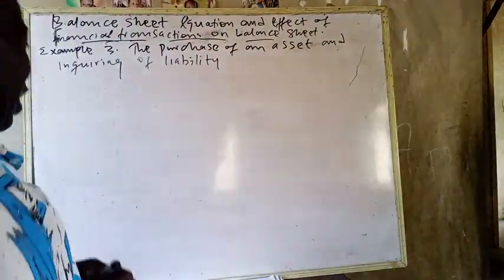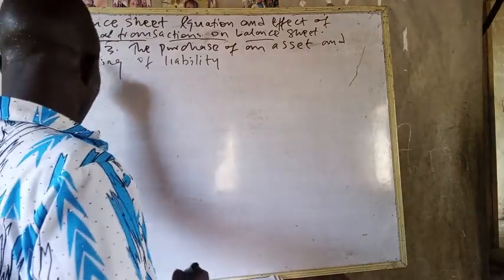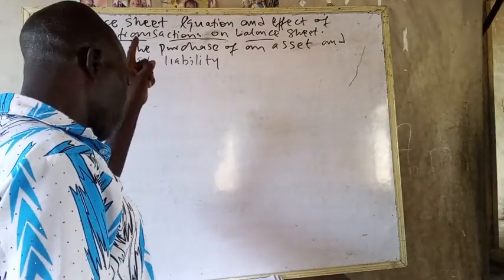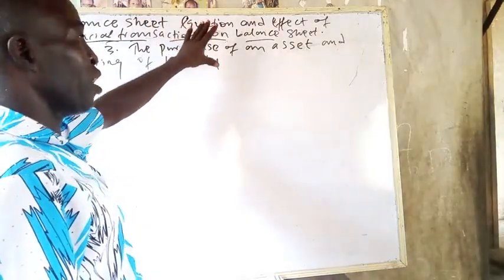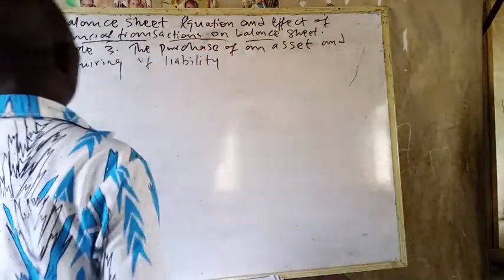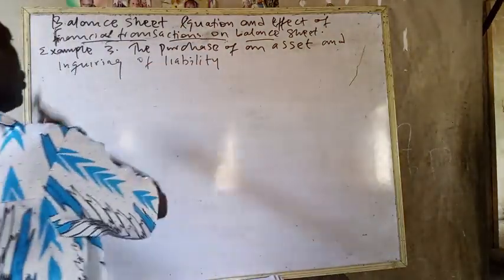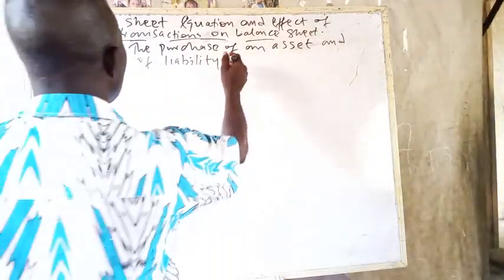You know, the second example is the purchase of an asset by check. In that case, liability is not coming, but in this case, liability is coming in. So asset equals liability plus capital.